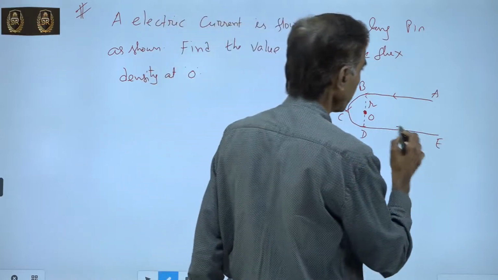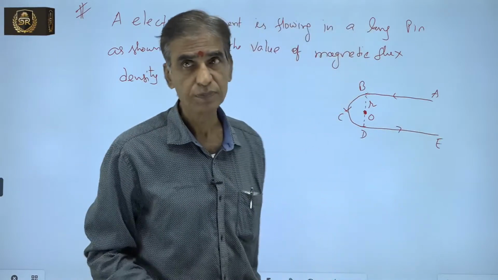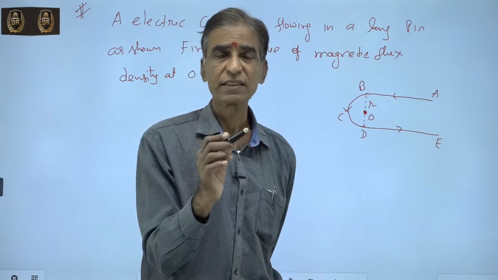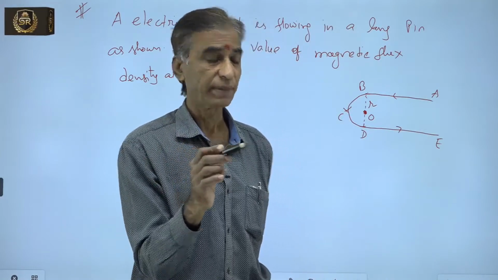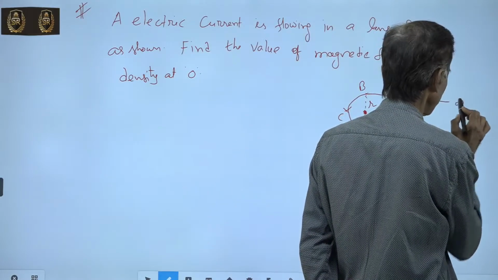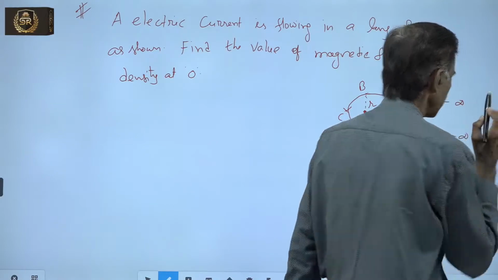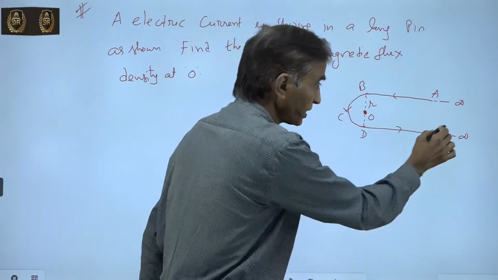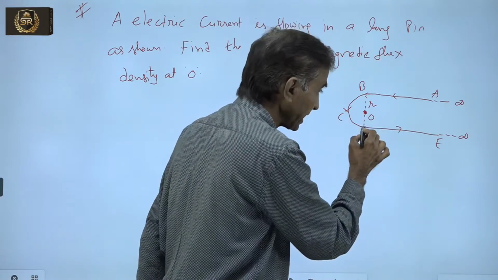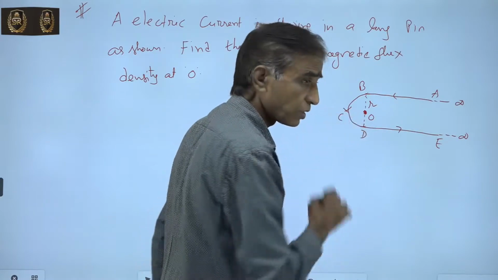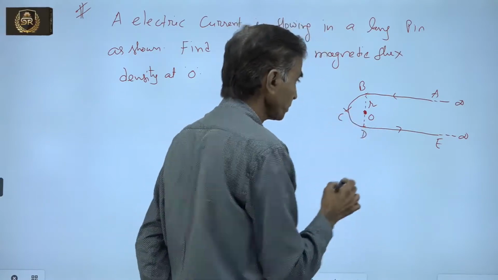Now here we already know this model. We know it for a semicircle and for a semi-infinite straight wire. Sometimes they will show infinity on both sides like that also. That means one end you are calculating, so the angle is going to become 0.